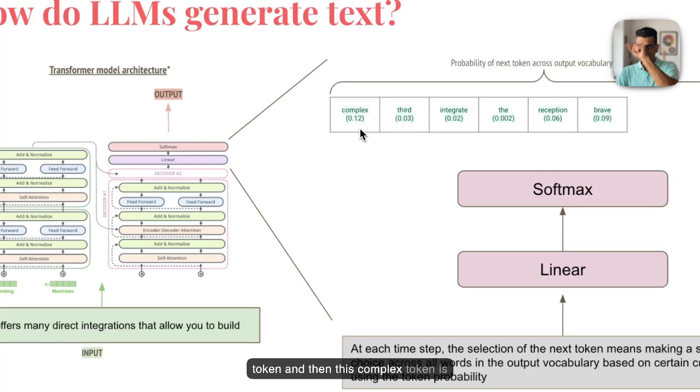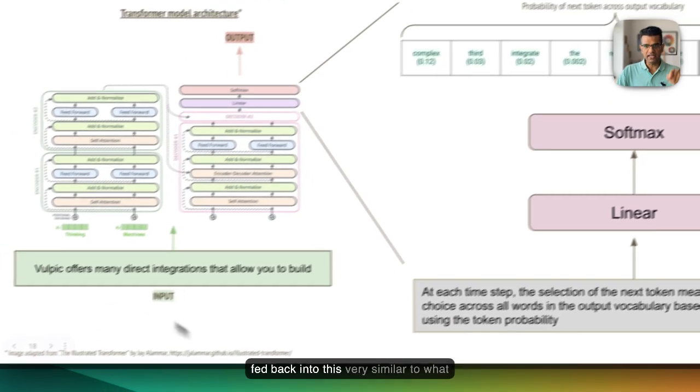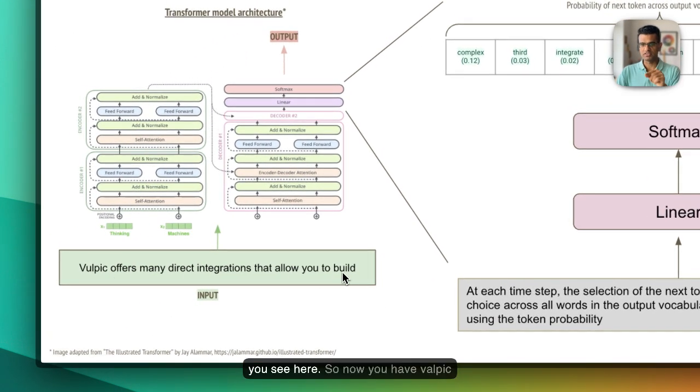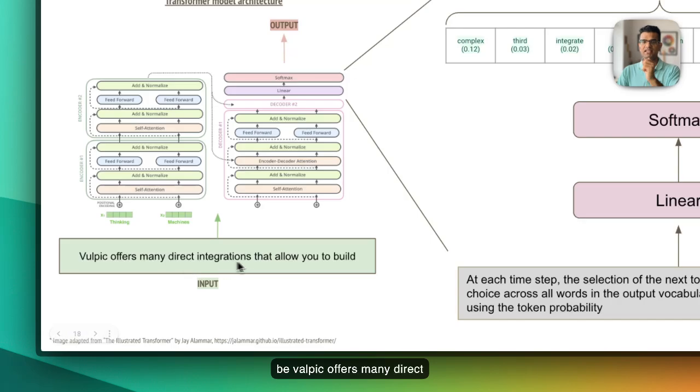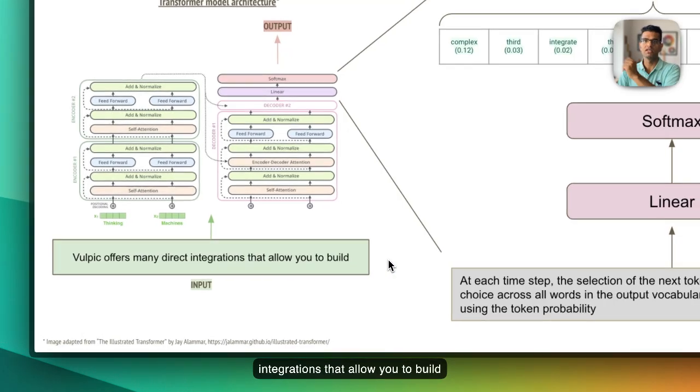And then this complex token is fed back into this, very similar to what you see here. So now you have: Valpik offers many direct integrations that allow you to build. This is the input at time step 0. At time step 1, when the first token has already been generated, the input will actually be: Valpik offers many direct integrations that allow you to build complex.